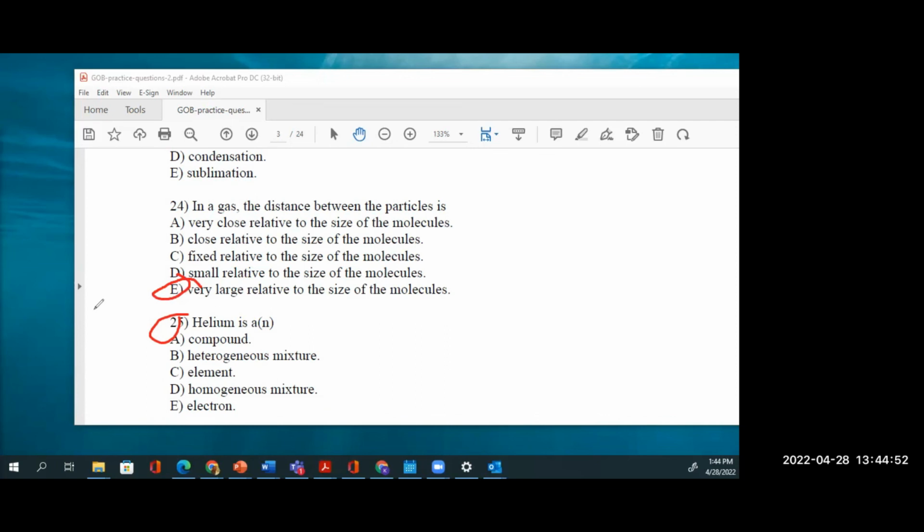Okay, helium is a compound, a heterogeneous mixture, an element, a homogeneous mixture, or an electron. Piece of cake, right?